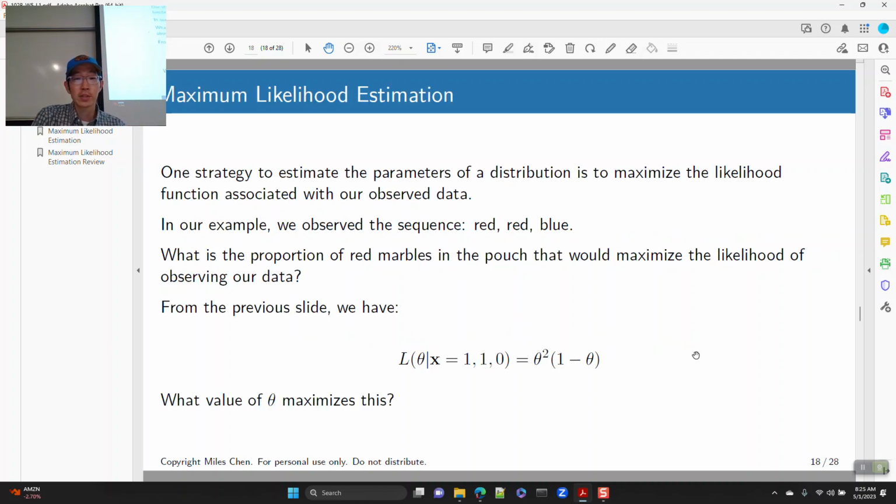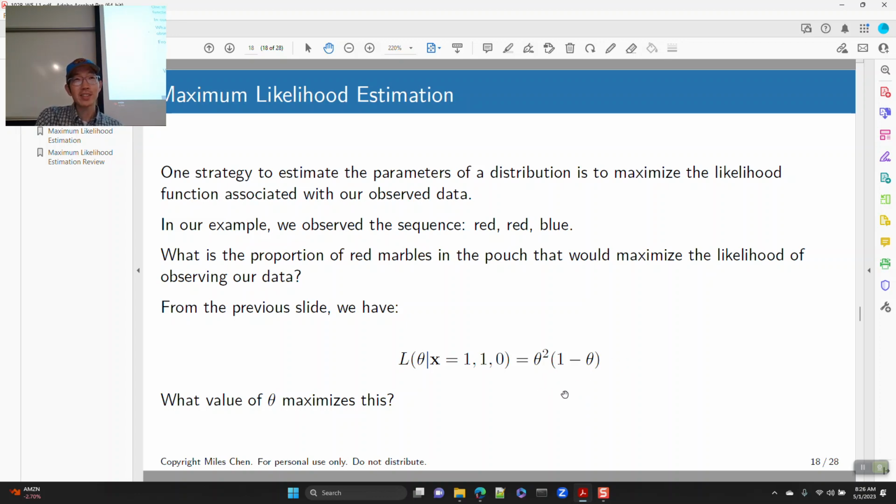So we want to figure out what value of theta is going to maximize this likelihood. This is our likelihood function, and we want to know what value of theta maximizes it.